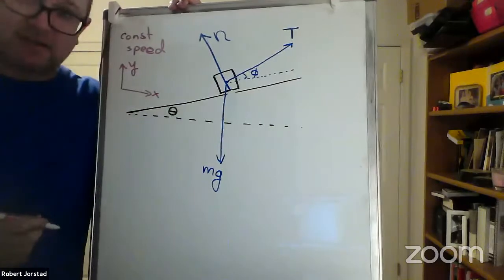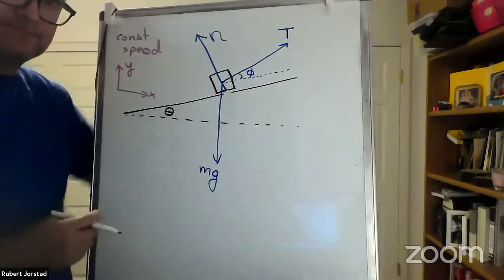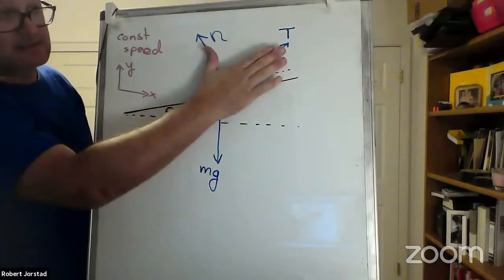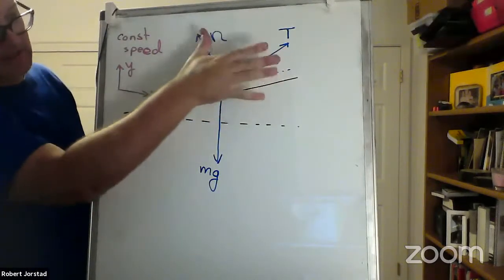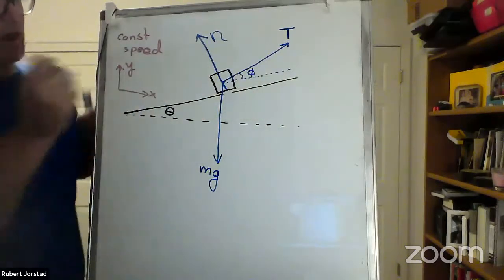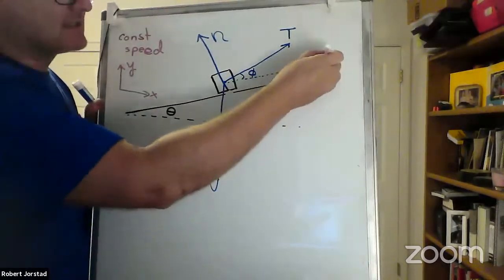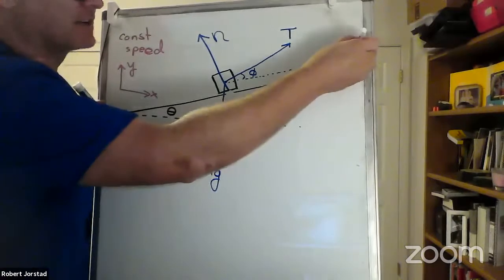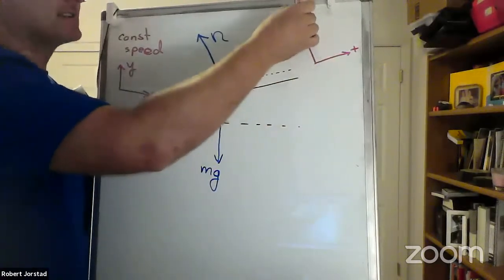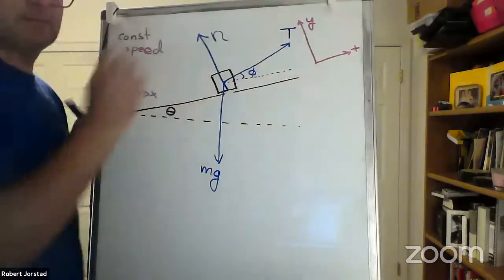Can anybody think of another one? Kind of tilted to fit the ramp. Tilted to fit the ramp, maybe like this. So I would actually draw this as the X direction and this as the Y direction.